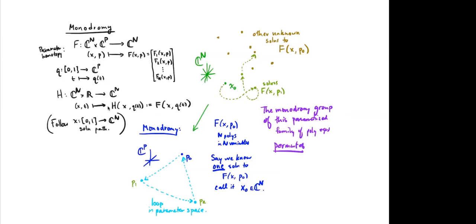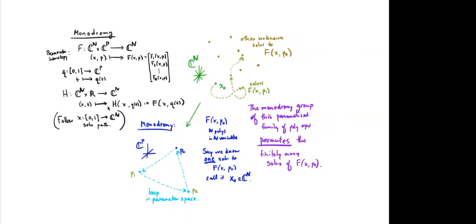In particular, it's a finite group because you have finitely many solutions. It permutes the finitely many solutions of f of x at p naught. Okay.